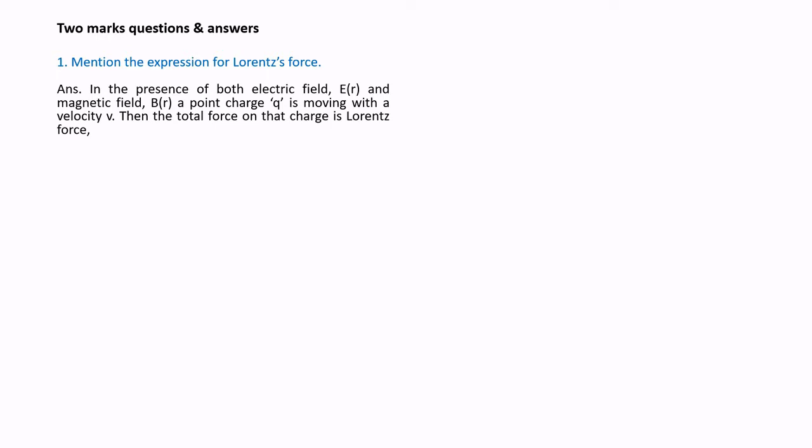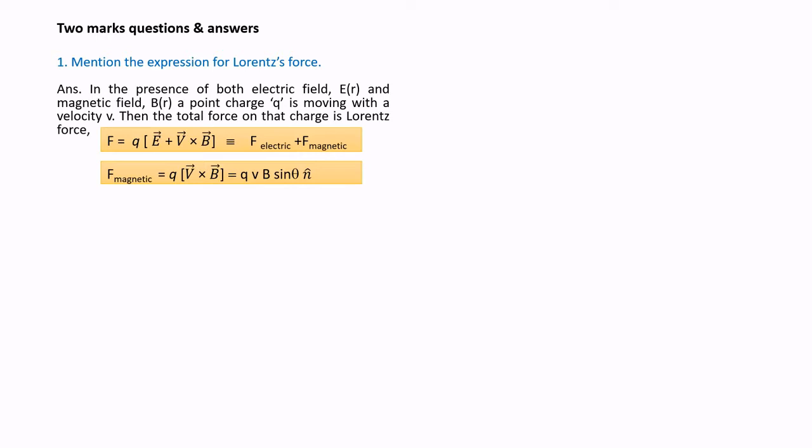Then the total force on the charge is the Lorentz force, and it is given by F is equal to q into E plus v cross B, where v is the velocity, B is the magnetic field, E is the electric field. That is given by two components, that is force due to electric field plus force due to magnetic field.